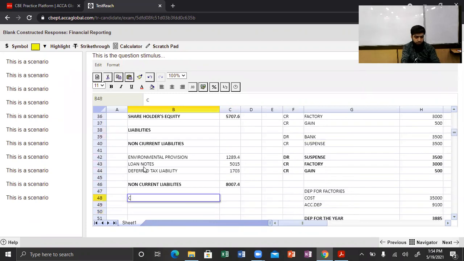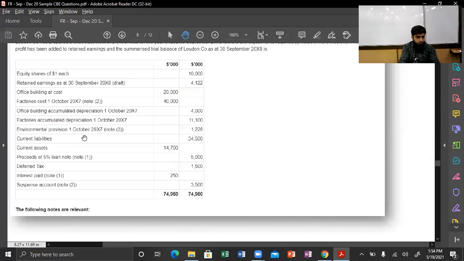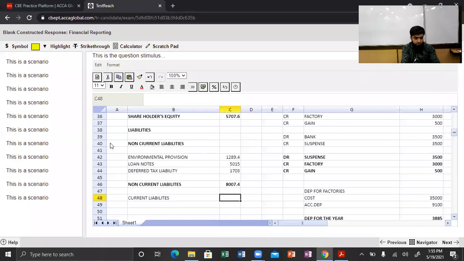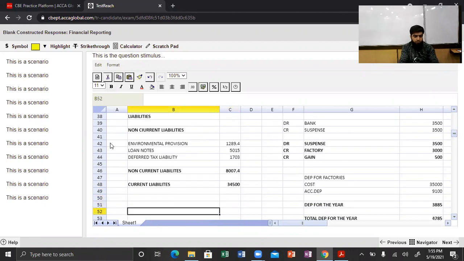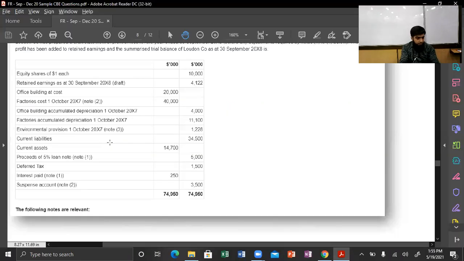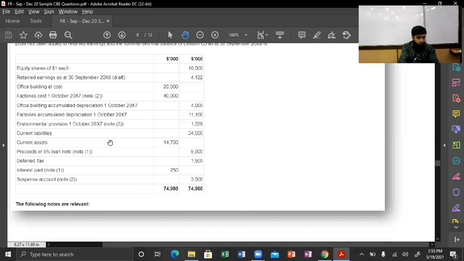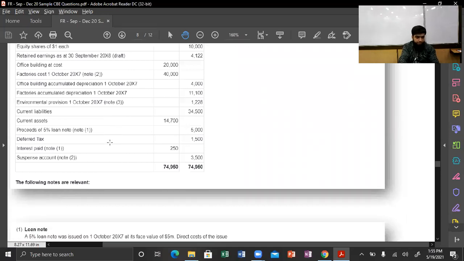And current liabilities are already given in the question. That is 34,500. Is there any other liability which is outstanding, or are we forgetting anything?